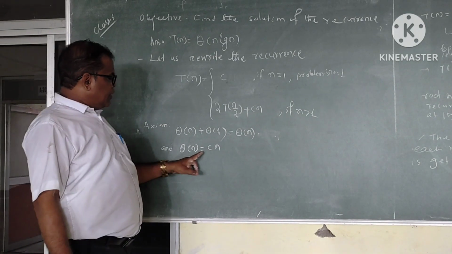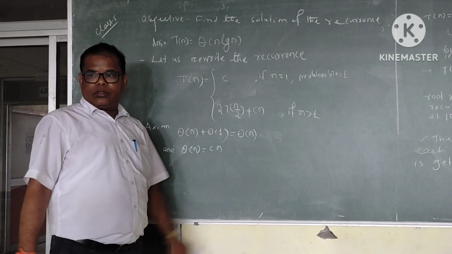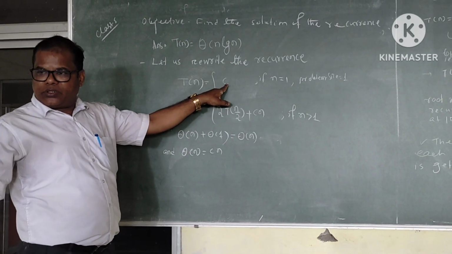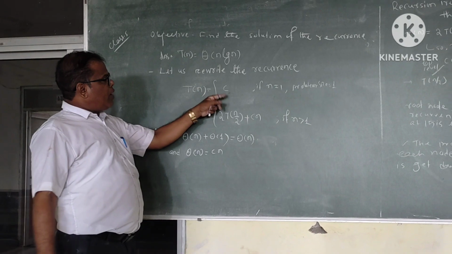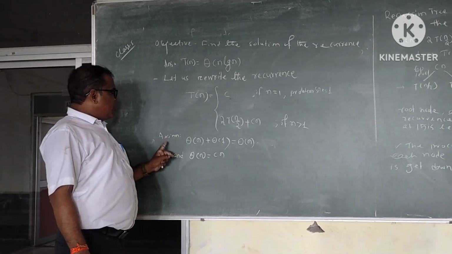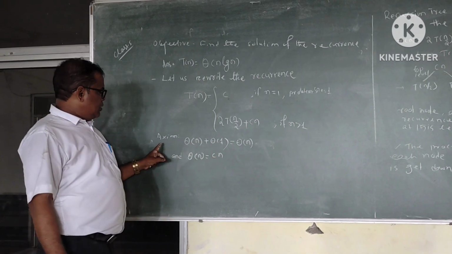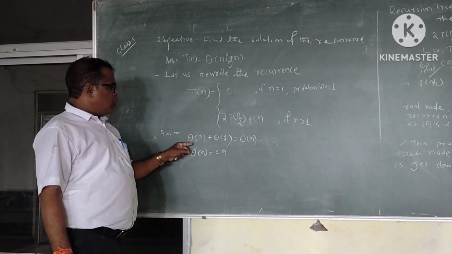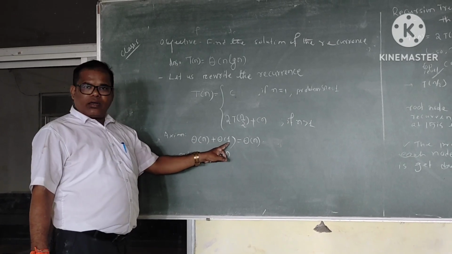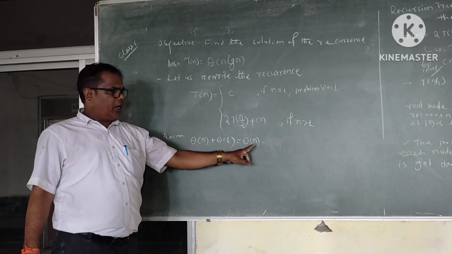So instead of writing theta of n, we are writing Cn here. Also, instead of writing theta of 1, we are writing a constant C. Sir, why are you writing this? I am explaining in my recursion tree method how it works. Now one of the universal truths, also called an axiom: theta of n, if added with theta of 1, the answer will be theta of n.